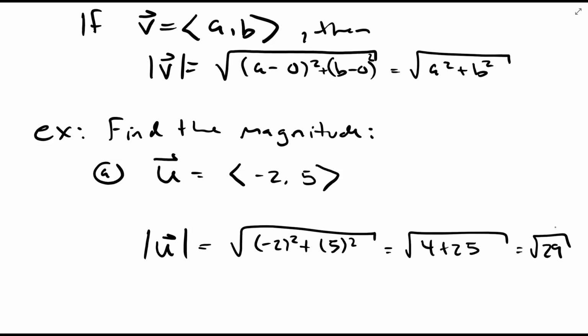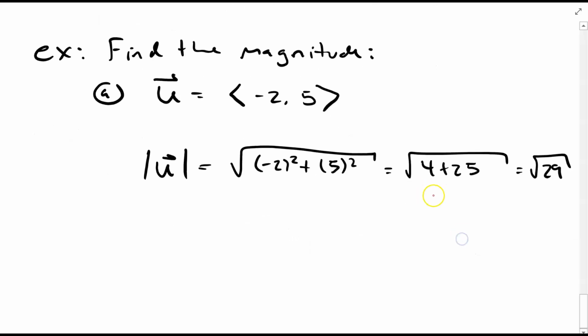So we have then the square root of 29. Notice that 29 is a prime number. So I know immediately that I can't simplify that square root any further. Is everybody okay with that?